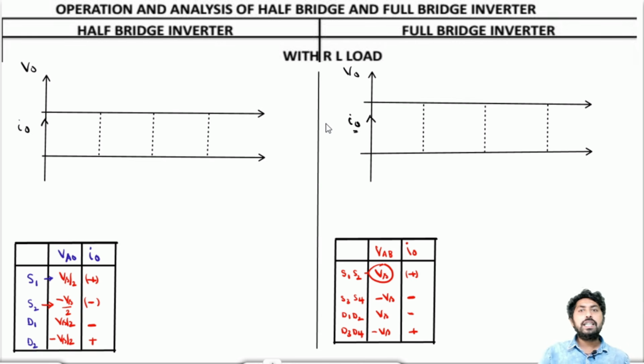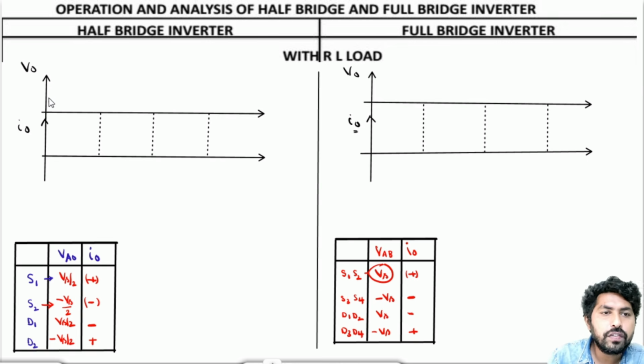As we discussed earlier, in case of voltage source inverter, the output voltage waveform nature will not change depending on load. Even if the load is resistive, RL load, RLC load, or the pure inductive load, the output voltage waveform nature will be the same as R load.